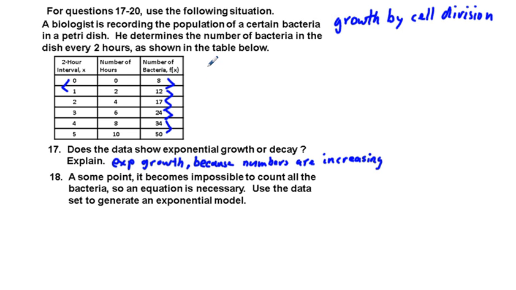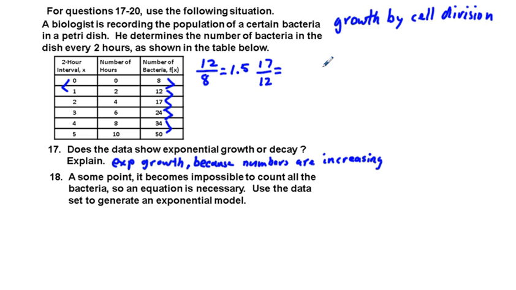So what are those ratios of growth? Well, we have 12 divided by 8, and I already know what that is. That's going to be 1.5. Then we have 17 divided by 12. Let's see what that is.